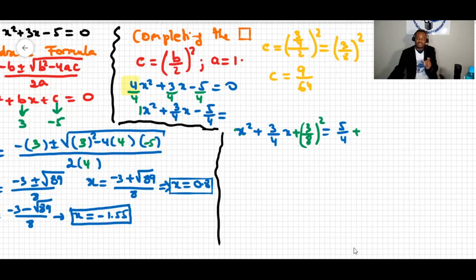I must also add 3 over 8 to the power of 2 there, but I prefer to write its simplified value, 9 over 64. I keep the 3 over 8 to the power of 2 on the left hand side because it's where I can now complete the square.